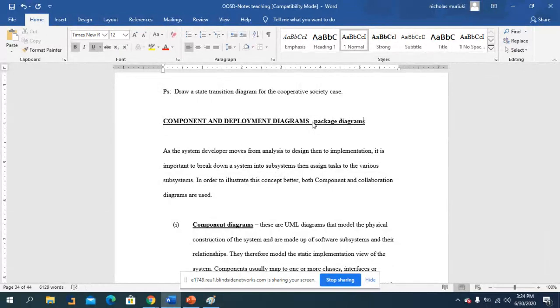Within this case, we are supposed to have component diagrams and deployment diagrams, and the package diagrams are the ones that are now remaining as UML diagrams that we are supposed to cover. And for this case, we are now supposed to complete with this. Then after completing this, we go to software development programs or processes or procedures. Then after that, we end our syllabus.